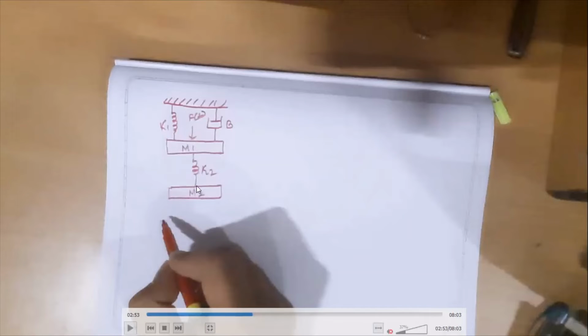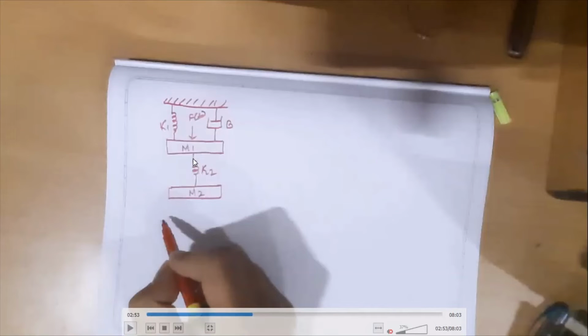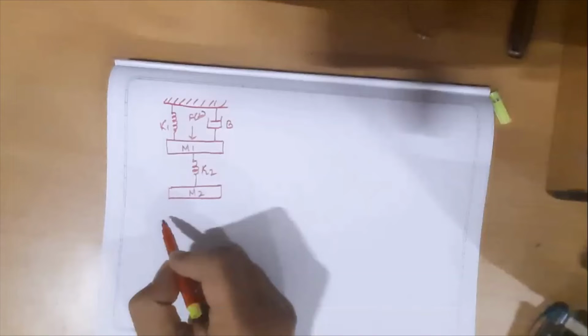It is obvious m2 will also have the effect of the force f of t input, because when m1 is moving, the shock absorber or the spring will also get displaced. So now the spring k2 has both ends free to move. When m1 moves, the end connected to m1 will move, and since this whole element is connected, if this free end is moving, it will make the other end move also. I'm just using the word movement; don't worry about the direction as of now.